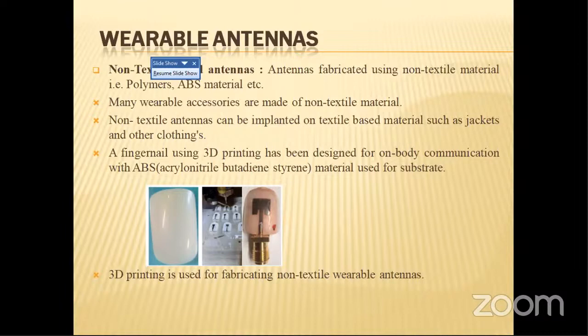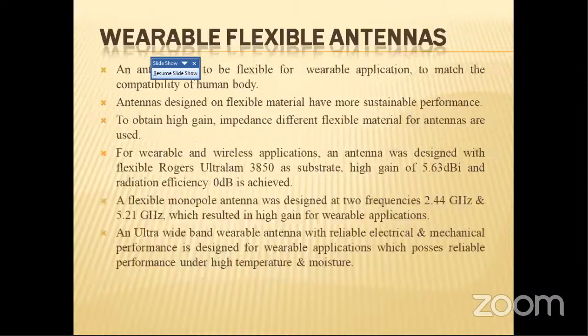Here in this figure, we have a nail which is made of ABS material, a non-textile material printed by 3D printing technique. An antenna has been printed on this ABS material. We use 3D printing for fabricating non-textile wearable antennas.